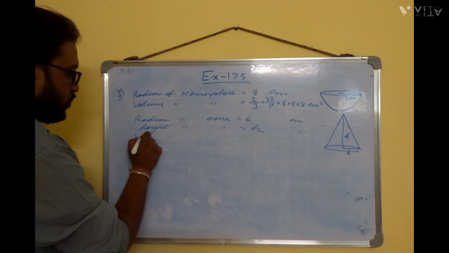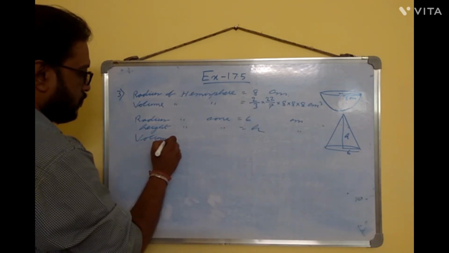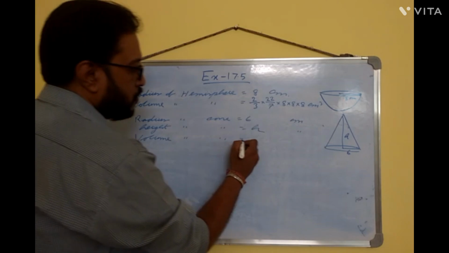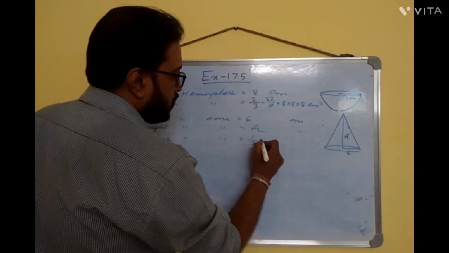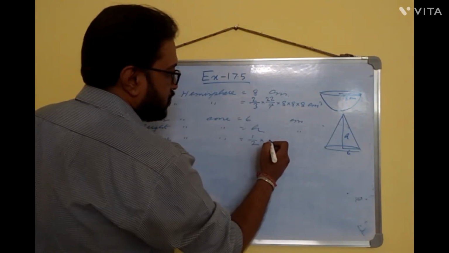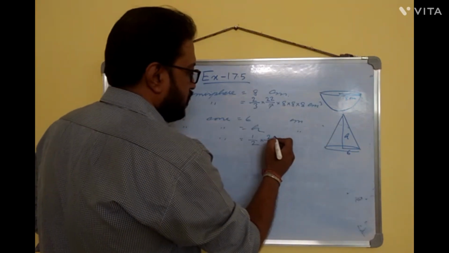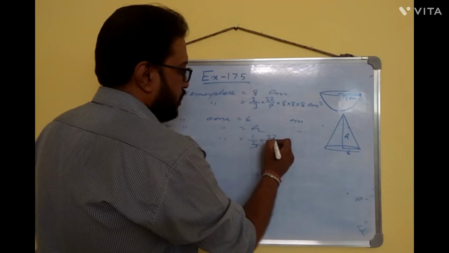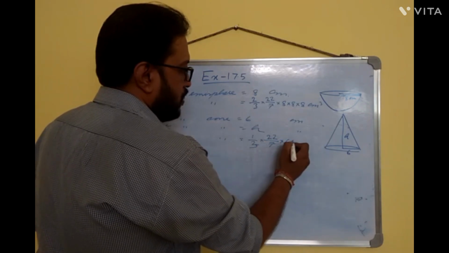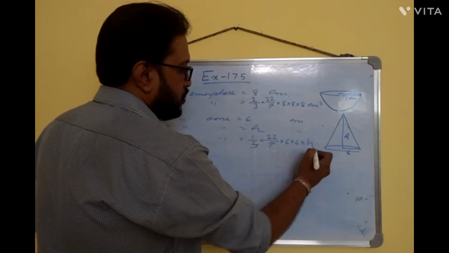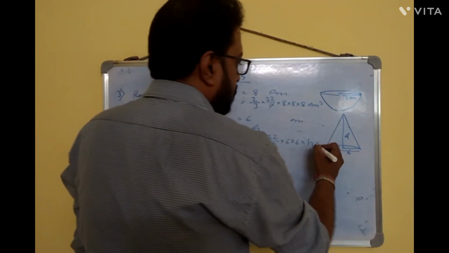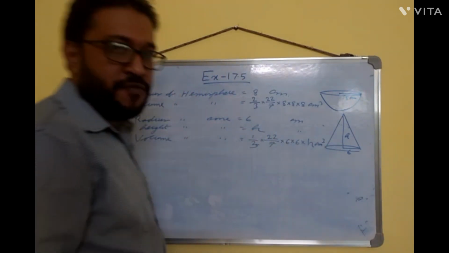So volume of the cone is 1/3 pi r square h. The unit will be centimeter cube because we are dealing with the volume.